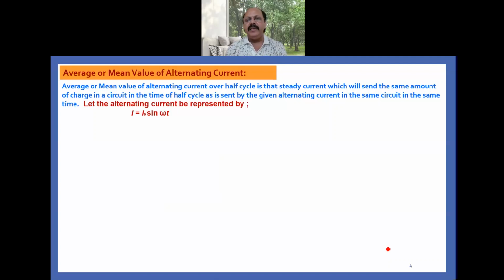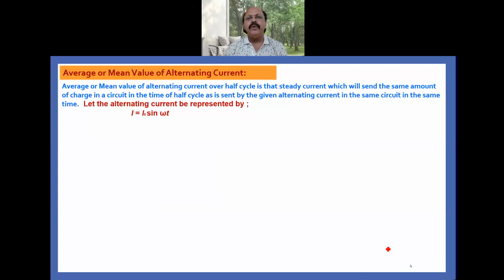And that is a steady current or constant current which will send the same amount of charge in a given circuit in the time of half cycle as is sent by alternating current in the same circuit in the same time. Then that is known as average or mean value of alternating current.